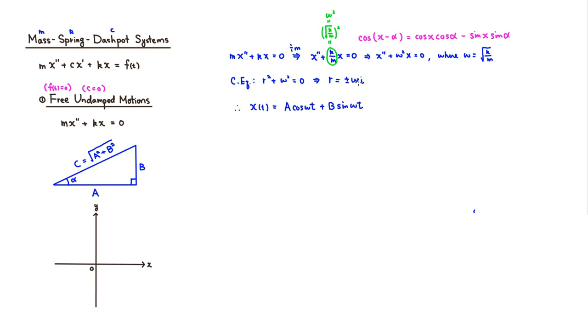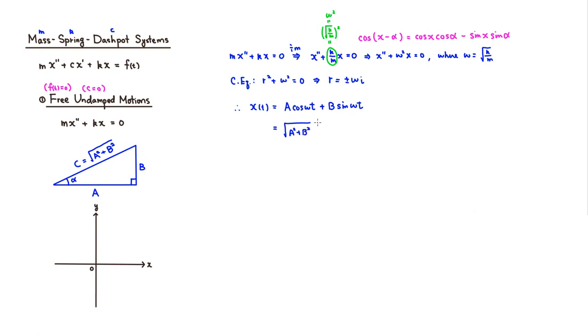Then I'm going to manipulate it a little bit so it looks a little different, so that we can see what's going on. I'm going to pull out the square root of a squared plus b squared from both terms.